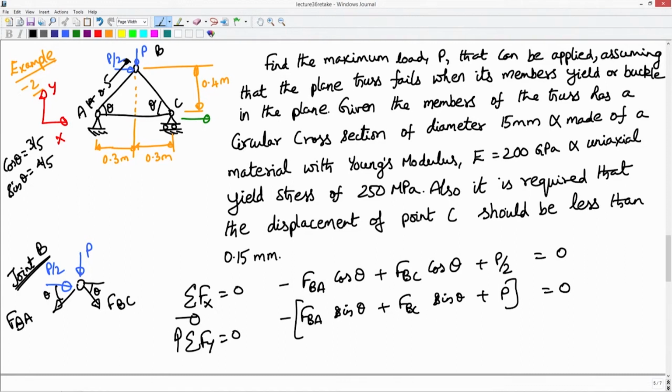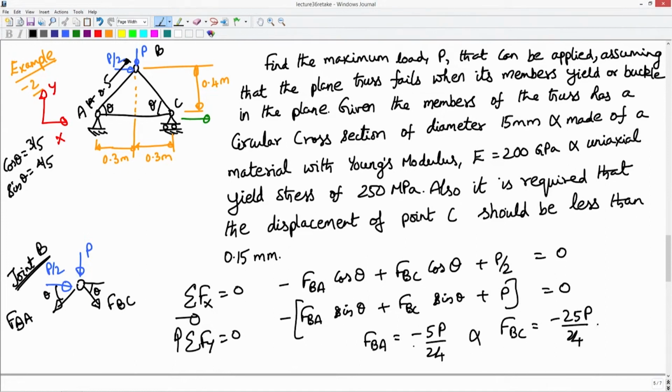So, substituting that in here and solving for FBA and FBC, what we will get is FBA to be minus 5P by 24 and FBC would be minus 25P by 24.